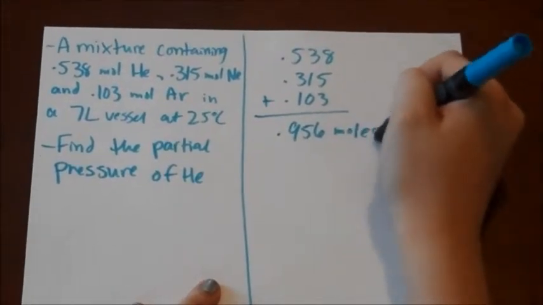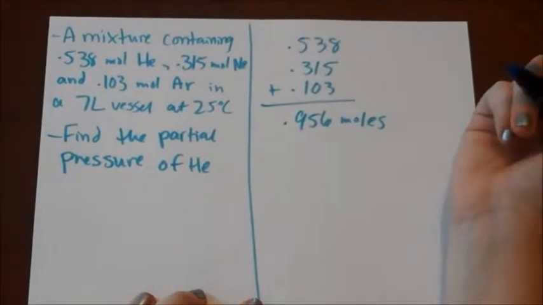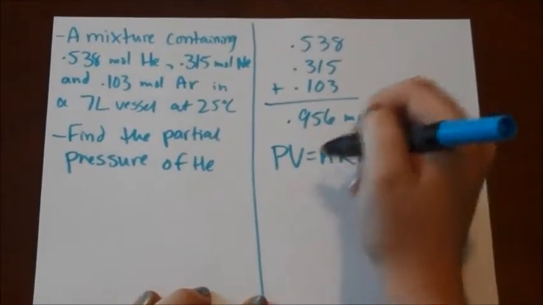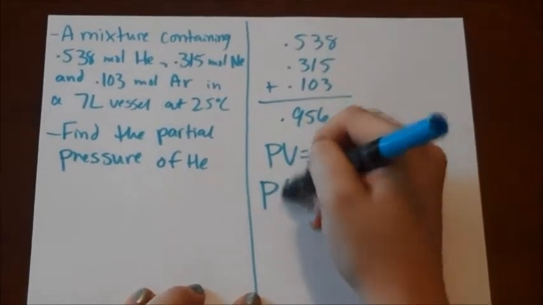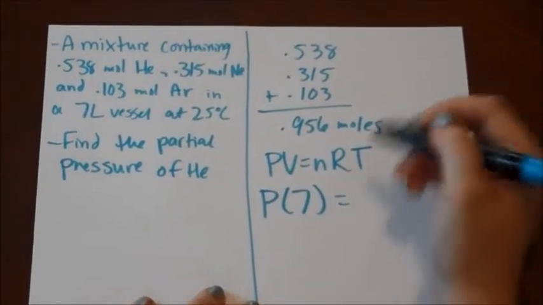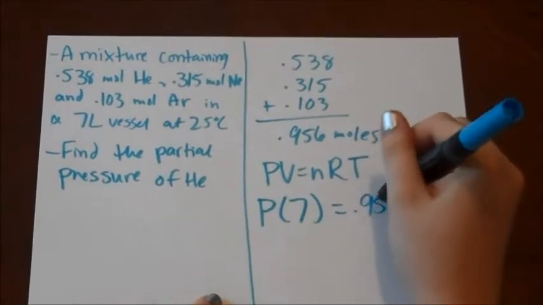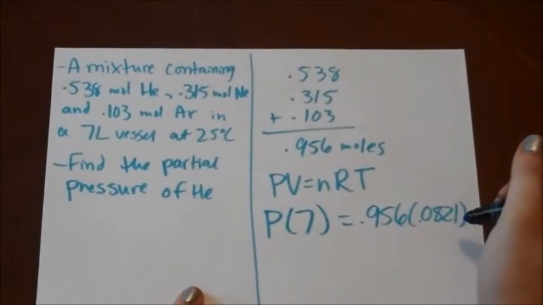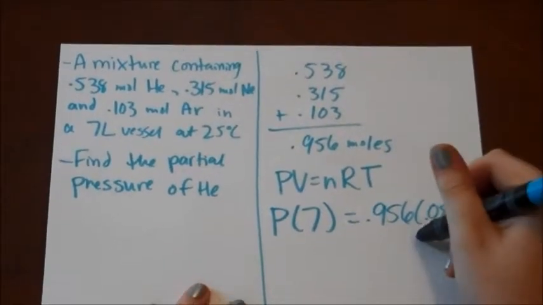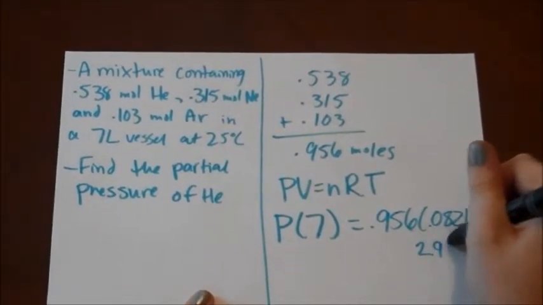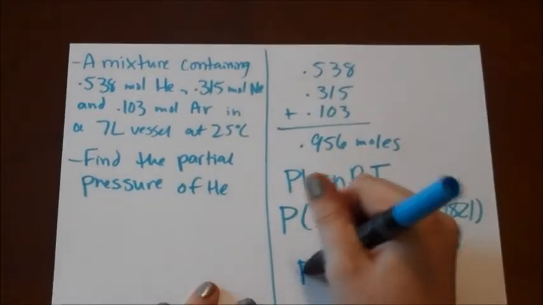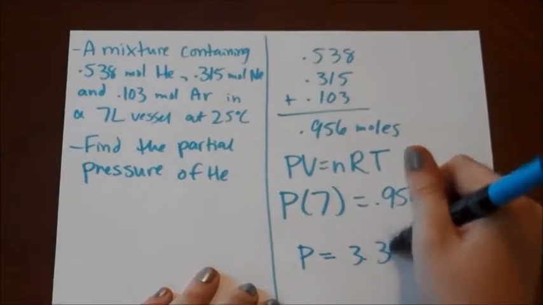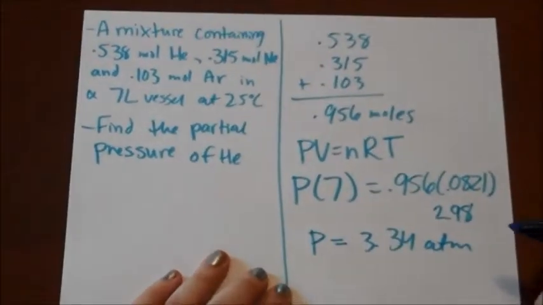You would get 0.956 moles. Next, you would find the total pressure using the PV equals nRT equation. So it is P times 7 equals the total moles, 0.956, times 0.0821 times the total temperature in Kelvin, which is 298, and you get a total pressure of 3.34 atm.